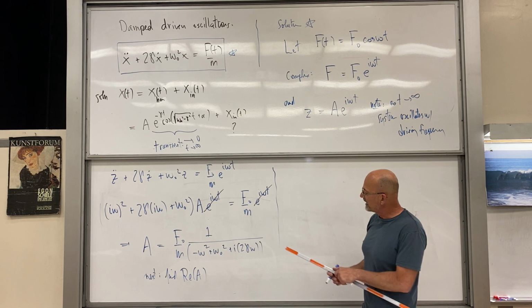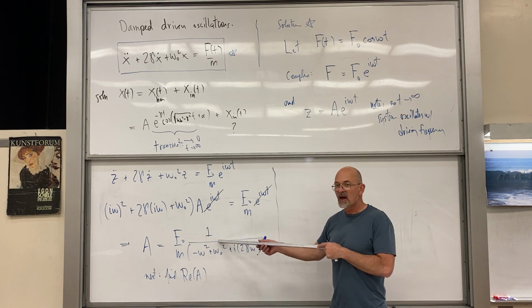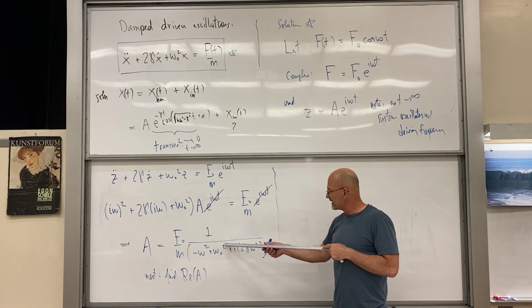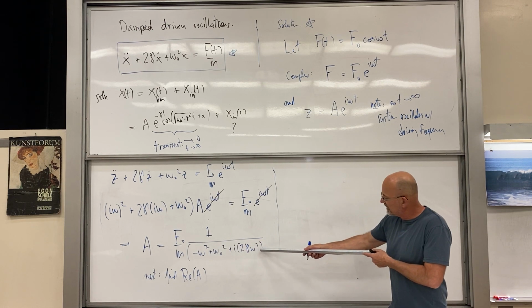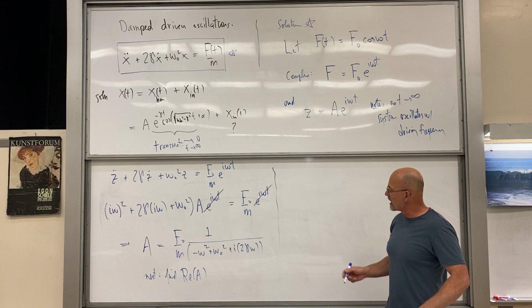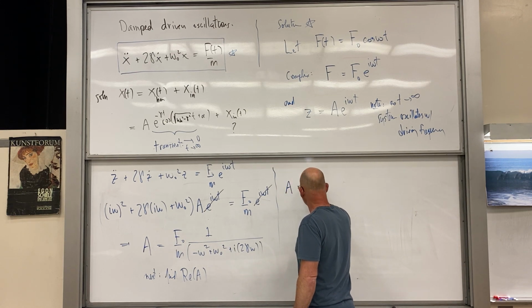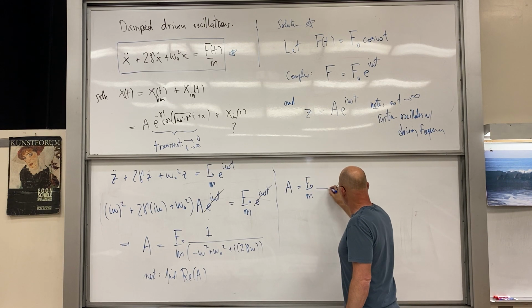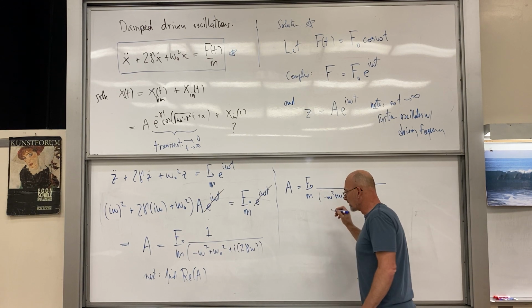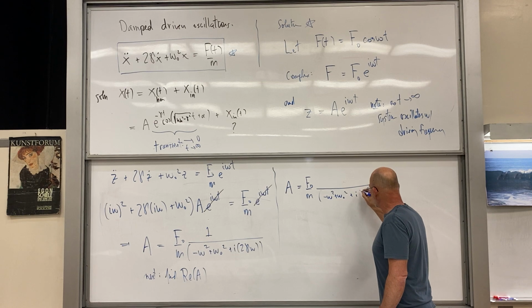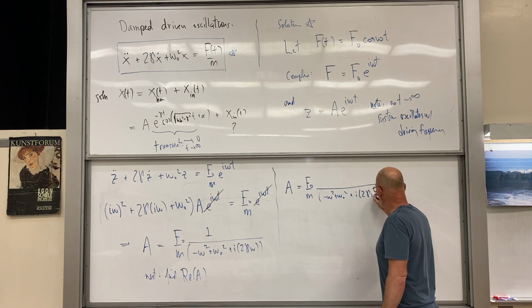The way we do that is we multiply top and bottom by the complex conjugate of this expression in the denominator. So let's just keep going with A, f naught over m. We have in the denominator minus omega squared plus omega naught squared plus I times 2 gamma omega.